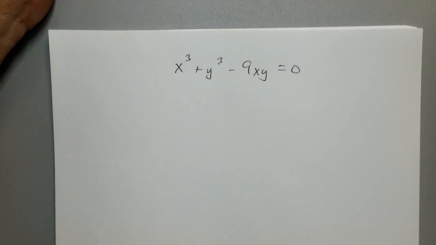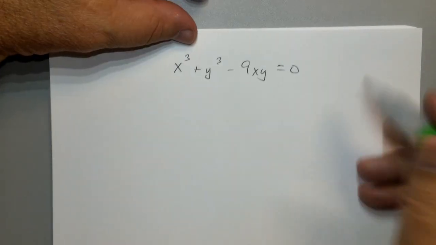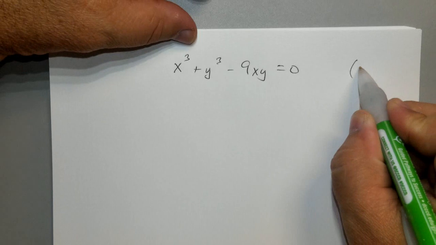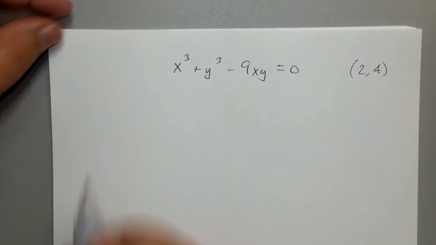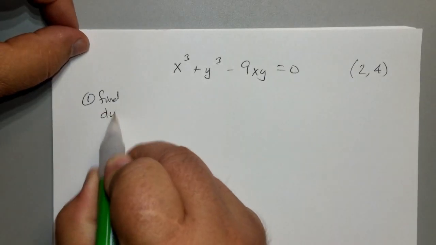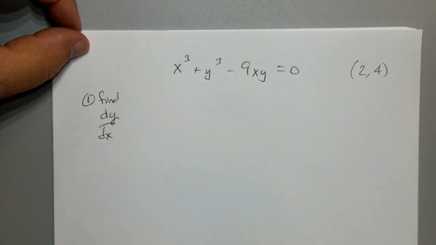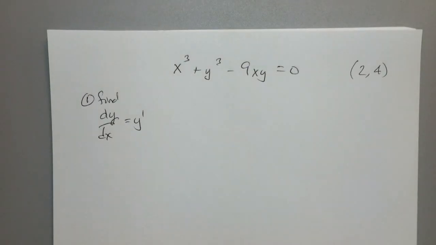What's that going to find us? It's going to find us the slope at that point. So let's find dy/dx. So the first step, find dy/dx, or y prime. Go ahead and do that first.